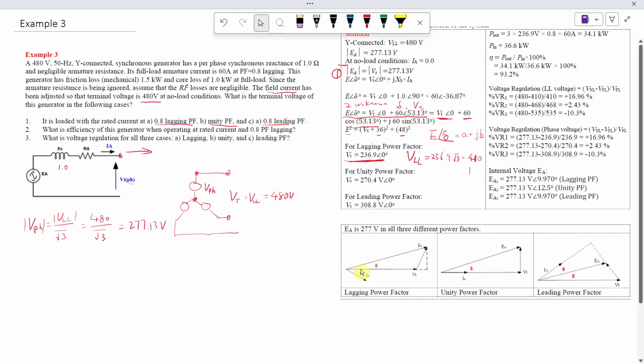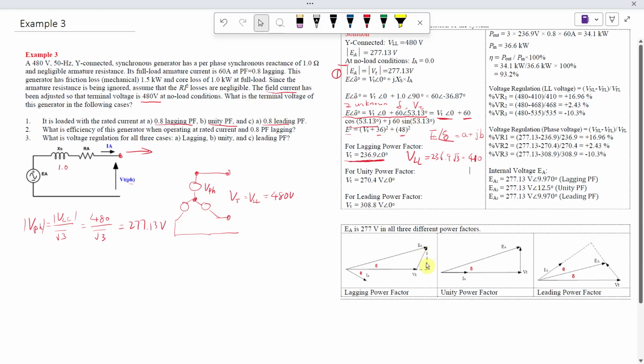So the VT is the reference at 0 degrees. IA is at negative 36 degrees and 60. And this one is perpendicular to this IA. And this one plus this one is EA. EA is a fixed number, okay?